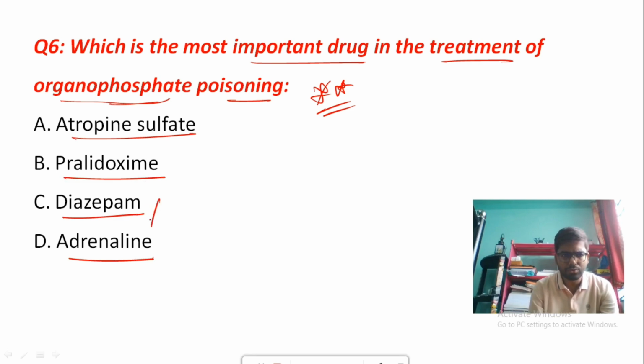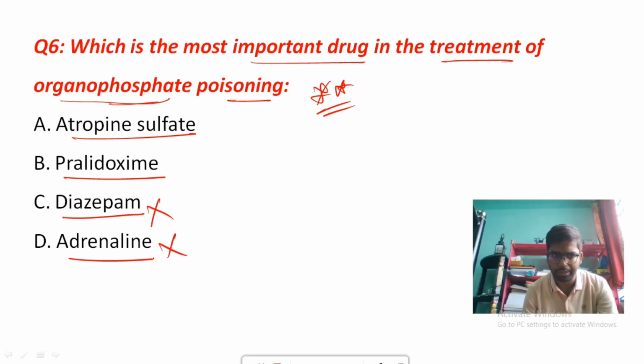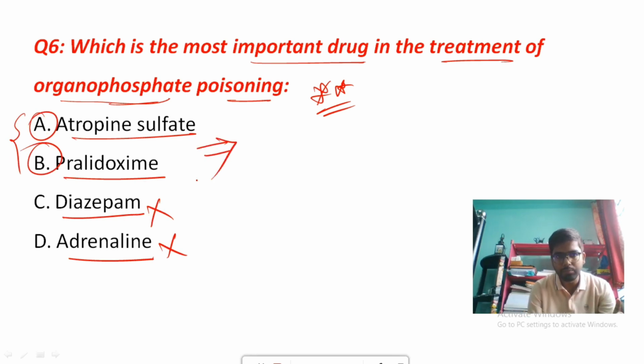These two can't be your answer, but option A and option B will irritate you, because in any book these two options are written for the treatment of organophosphate poisoning. But if both are given in the same question, the answer will be atropine sulfate, because for practical purposes atropine sulfate is generally used for the treatment of organophosphate poisoning.